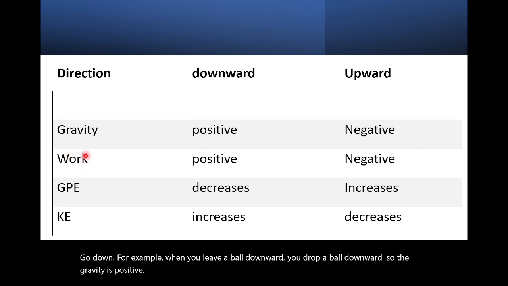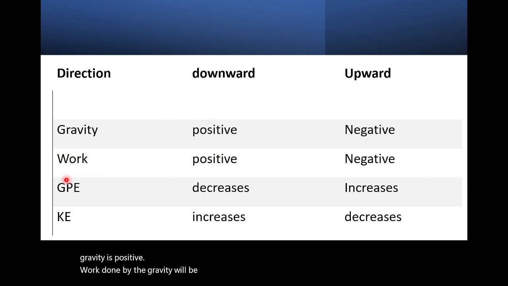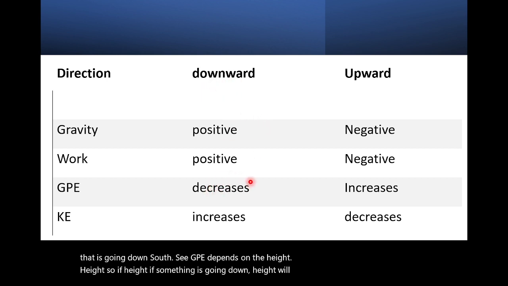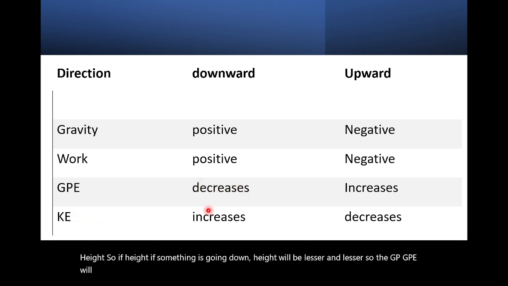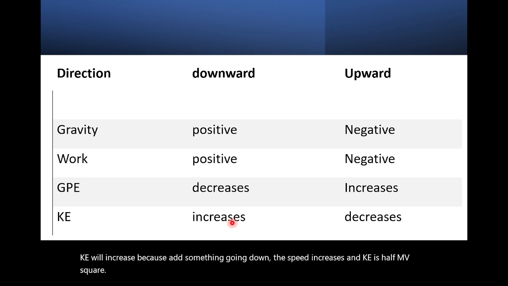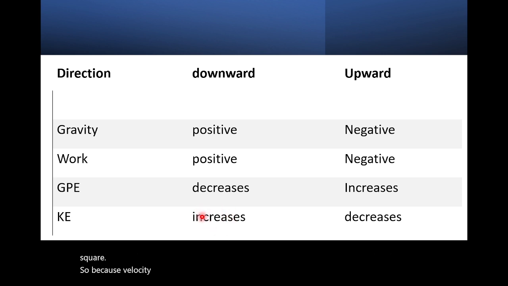Work done by the gravity will be positive, and GPE will decrease because that is going down. So see, GPE depends on the height. So if something is going down, height will be lesser and lesser, so the GPE will decrease. KE will increase because as something goes down, the speed increases, and KE is half mv square. So because velocity increases, kinetic energy increases.